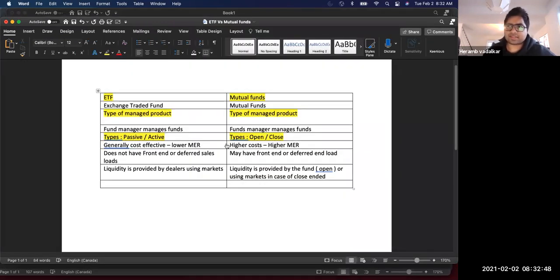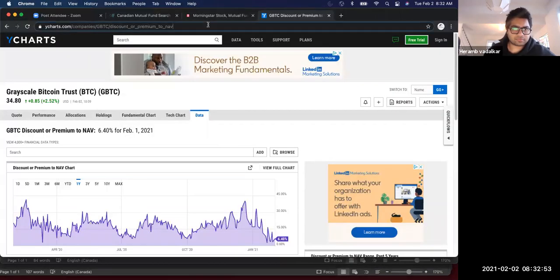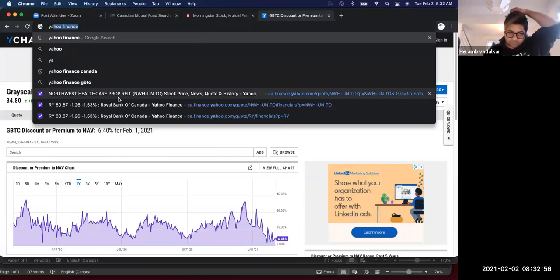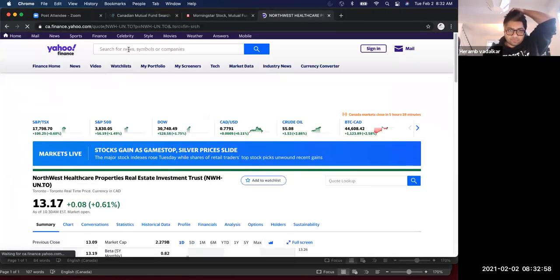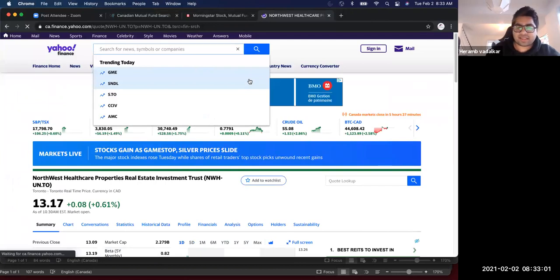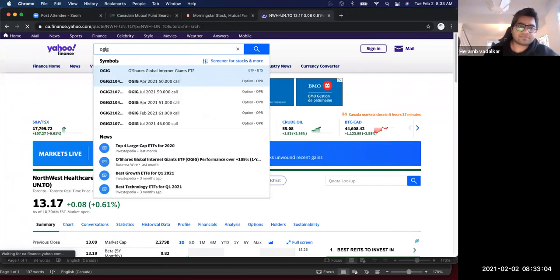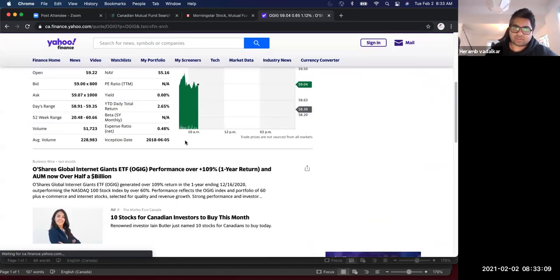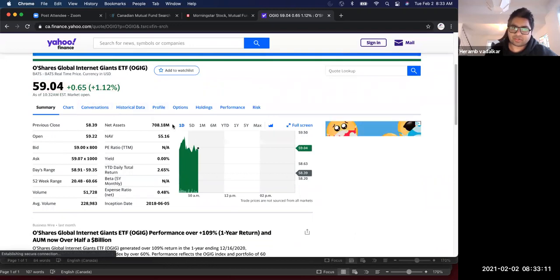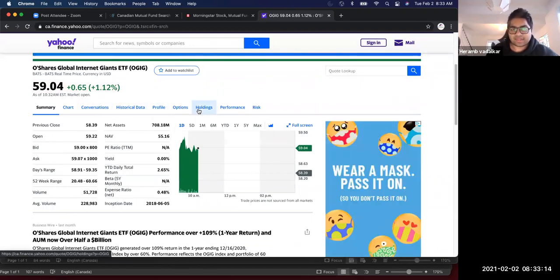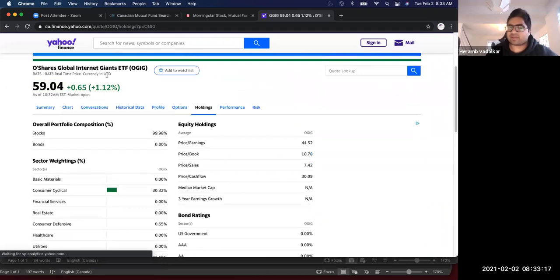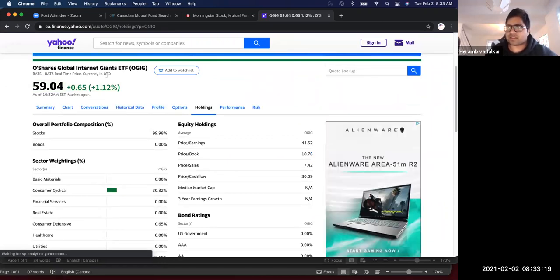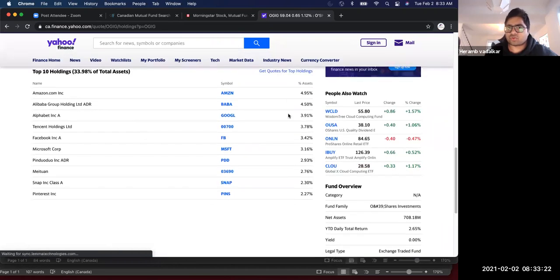Example will be, first, an active ETF example. OGIG. It's an O'Shares Global Internet Giants ETF. So it's an active ETF. What does this ETF do? It generally invests in internet companies around the world. It has its own rule that it follows: none of the stocks are above 5%.